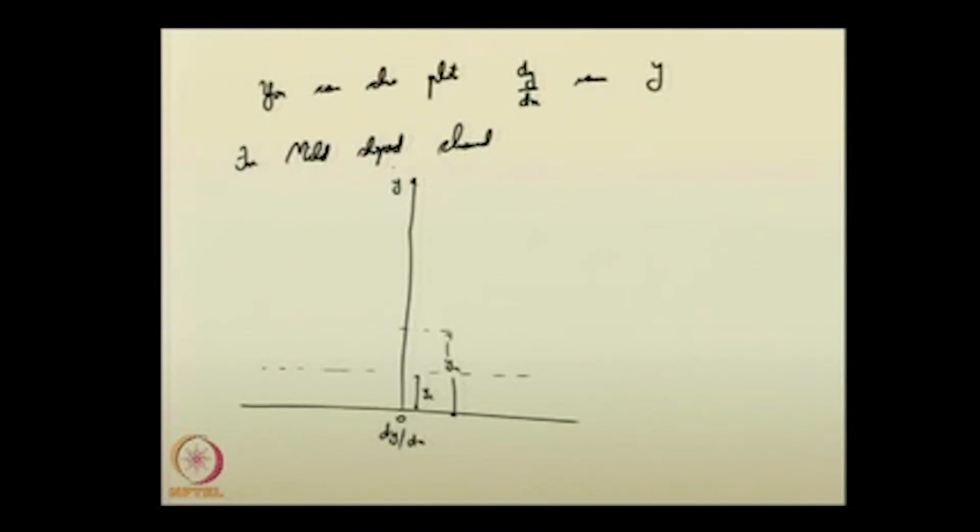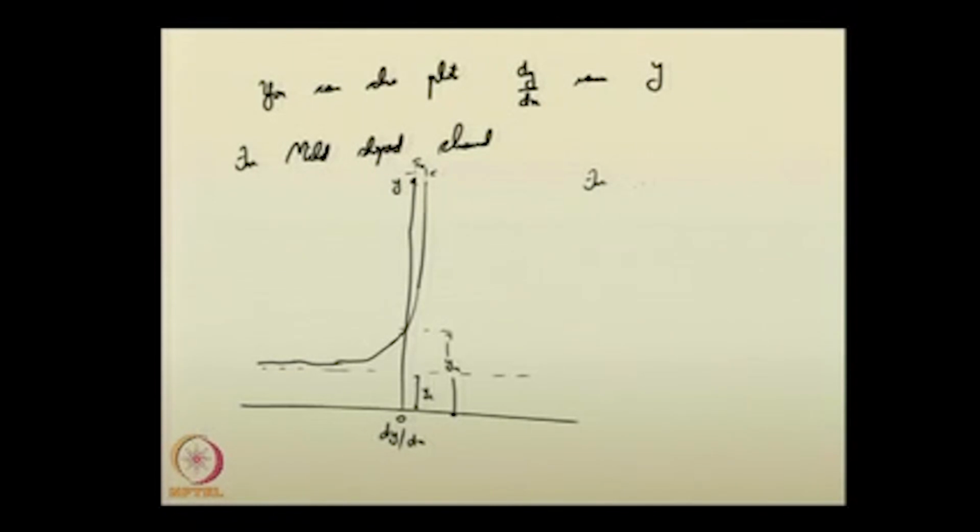You will see that the quantity dy by dx varies with respect to y in the following form. Like this it may go, then as y decreases dy by dx goes into an asymptote in the negative direction. So, this quantity is approximately equal to the bed slope as 0.